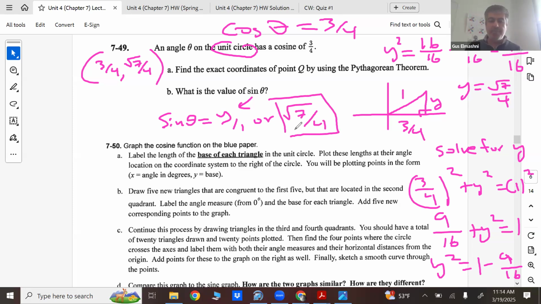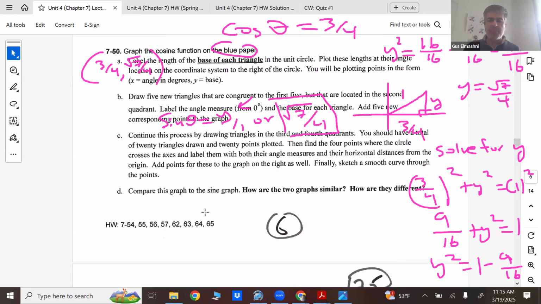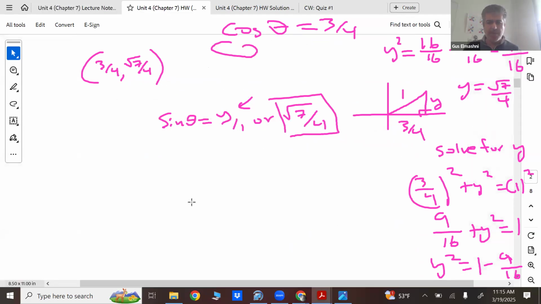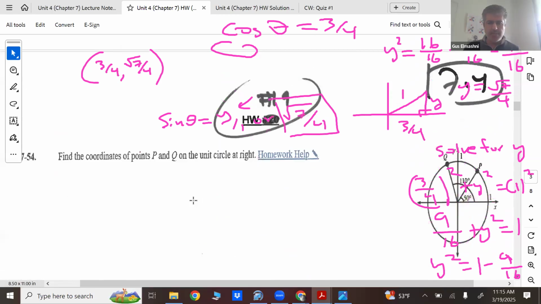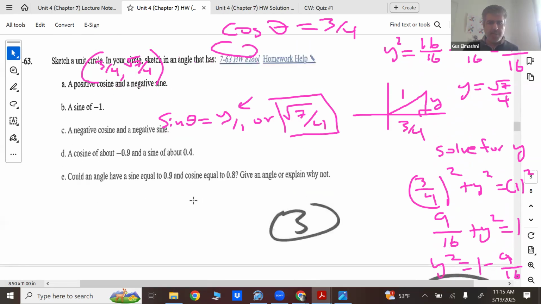I'm just going to show you how the graph looks. You guys can just watch. Homework number 19 does talk about cosine a little bit.